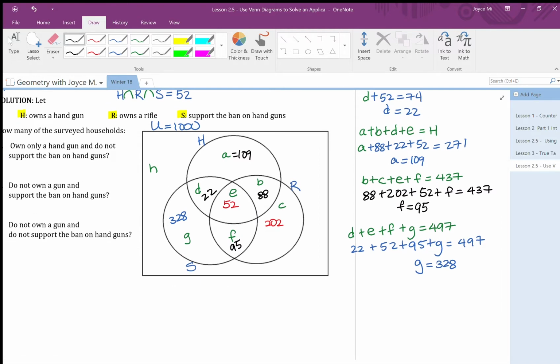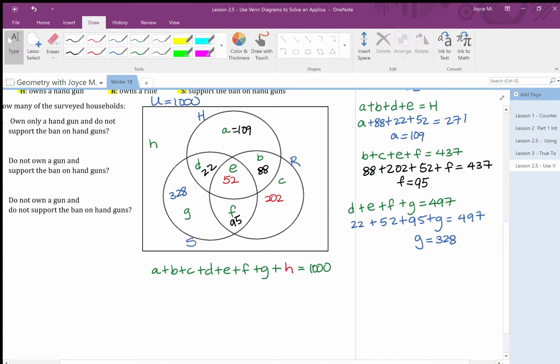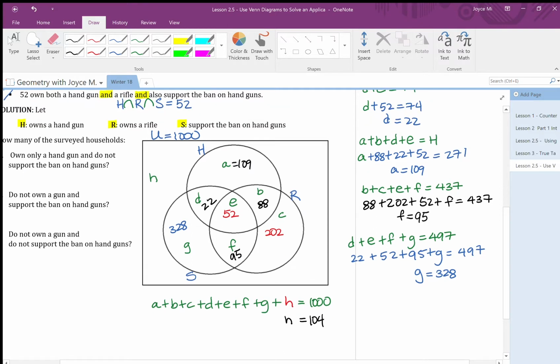So I can set it up as A plus B plus C plus D plus E plus F plus G plus H, the only one that I don't know right now, is equal to the grand total, which is 1,000. Okay, so I substitute the values in for A, B, C, D, E, F, and then remaining H, or you could just subtract that from both sides. So once you solve for it, you should get H is equal to 104. So this is 104.